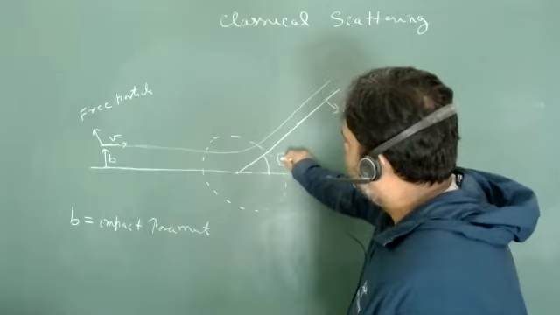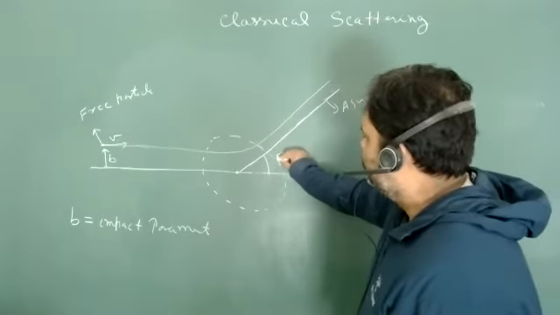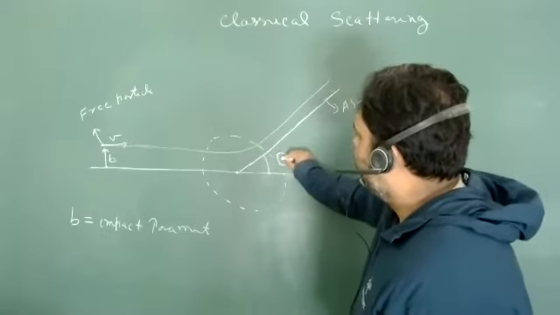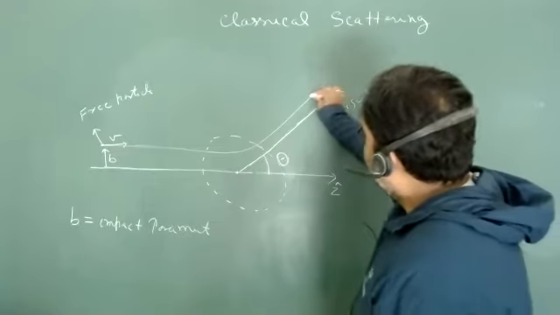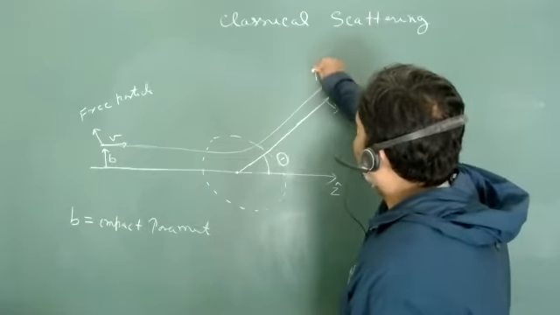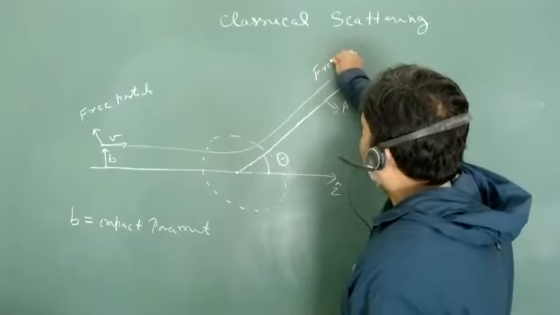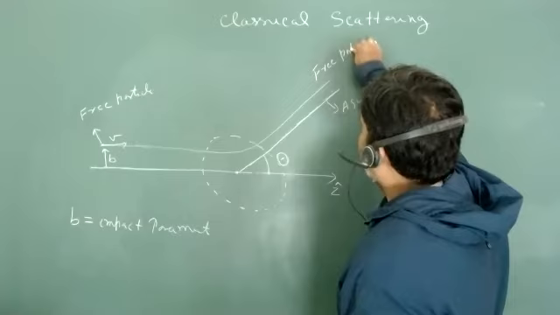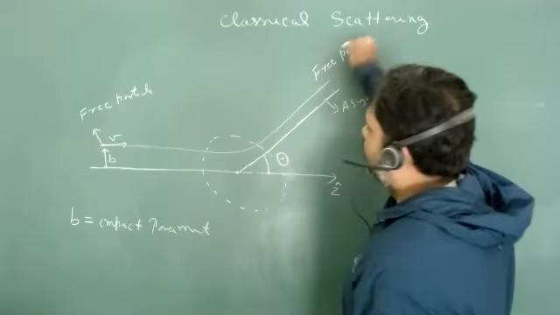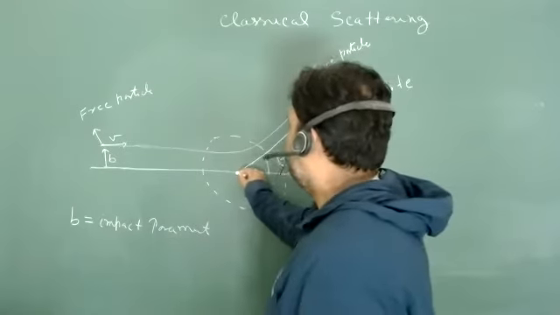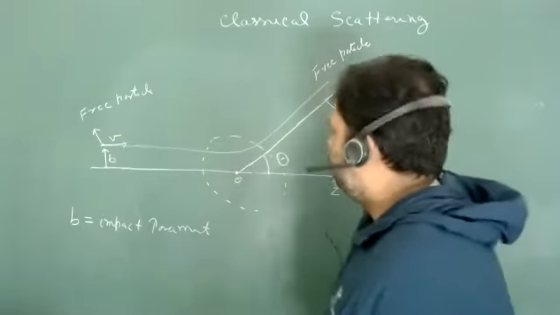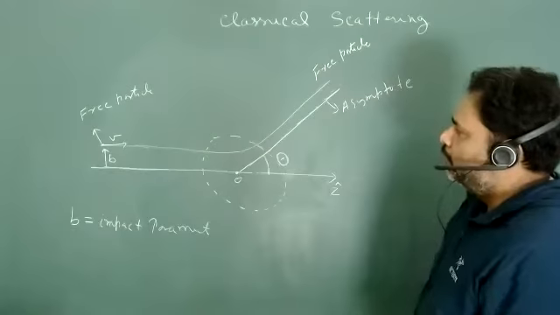I am just calling this capital theta. This angle is identified as the scattering angle. Here the particle is again a free particle, and this is my origin. We can assume this is my origin.